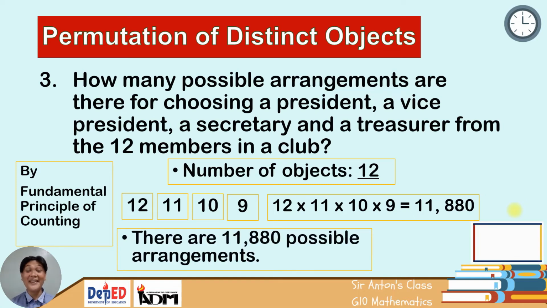So there are 11,880 possible arrangements. So okay, that's how huge the number is, or the possible outcomes of having a president, vice president, secretary, and a treasurer from the 12 members of the club. So I hope you got that one.